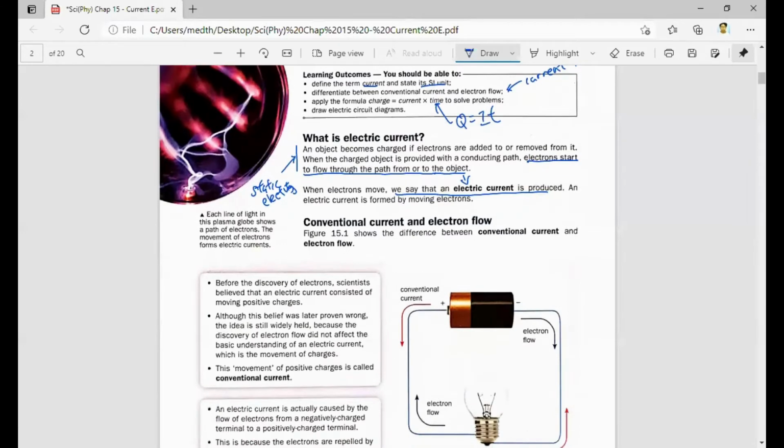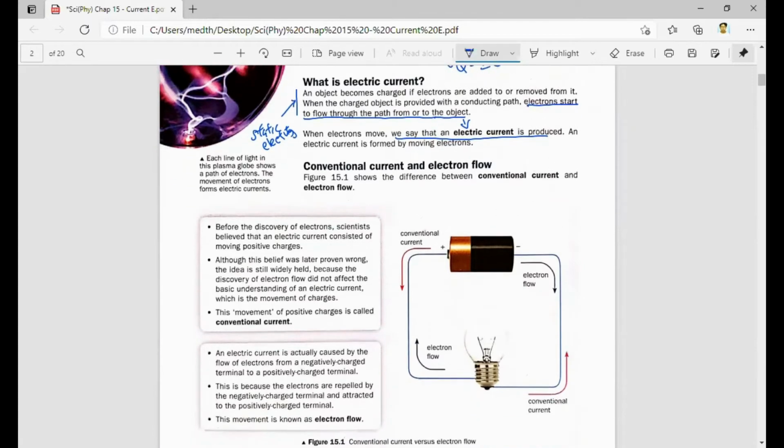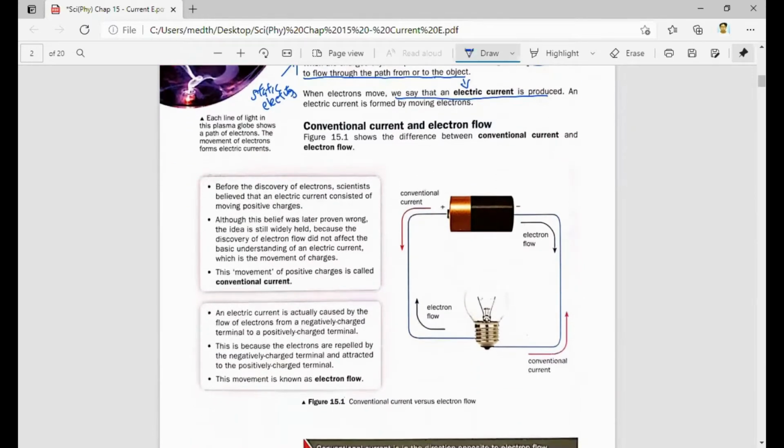After we are a bit more steady with what exactly is a current flow, which is the movement of charges, we go into the idea of how the charges can move. First one we have is this: the flow of positive charges, we call it conventional current. It flows out from the positive terminal and flows into the negative terminal.